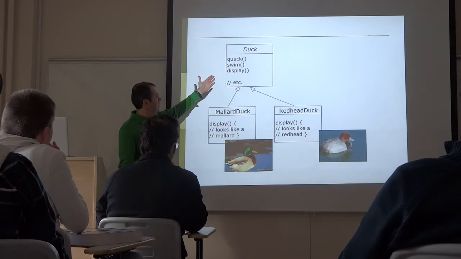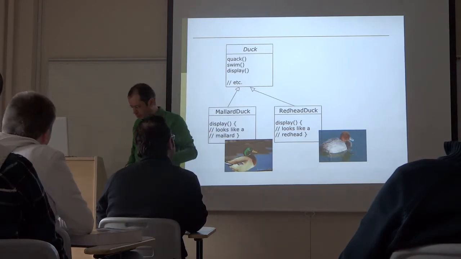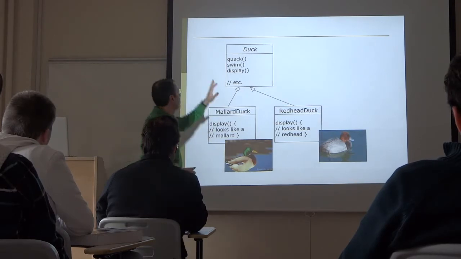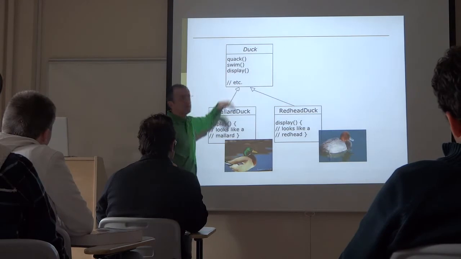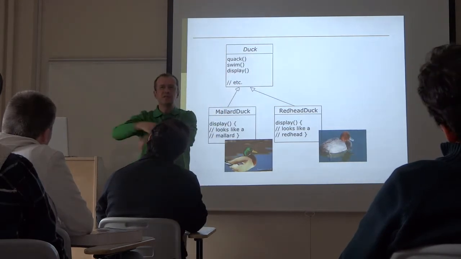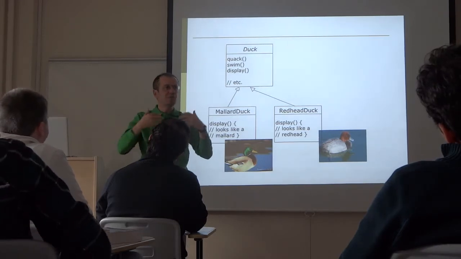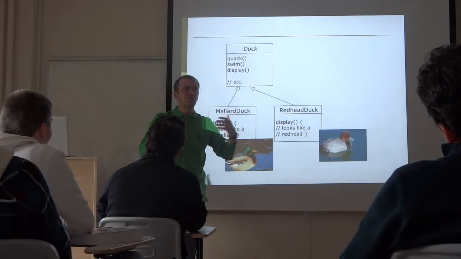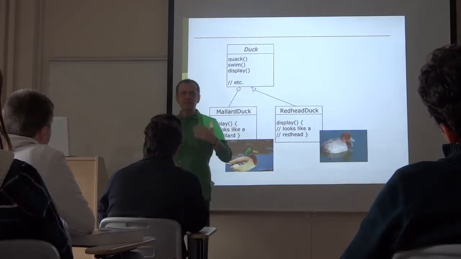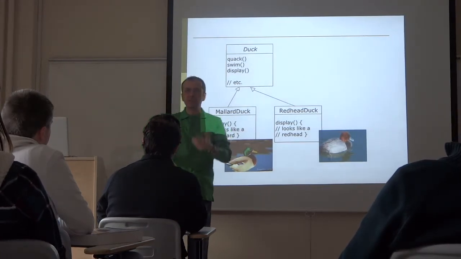So I have a duck, and of course I immediately start with what a duck does. What a duck does is that it quacks, it swims, and it displays itself. So I have to simulate the duck. It will be making a sound, it will be swimming, and it will be displaying itself. Whatever it is doing, like displaying the quack, how the duck is swimming, it displays that.